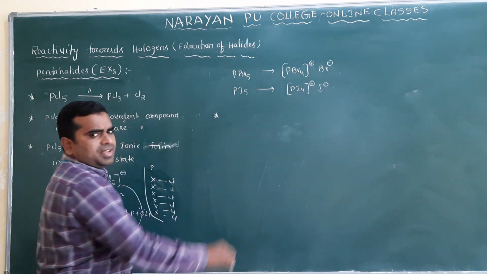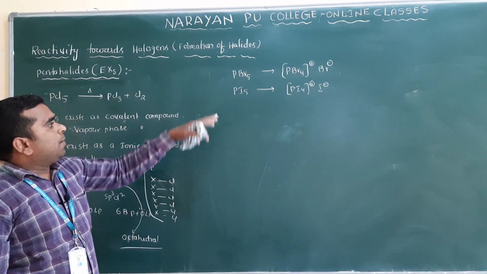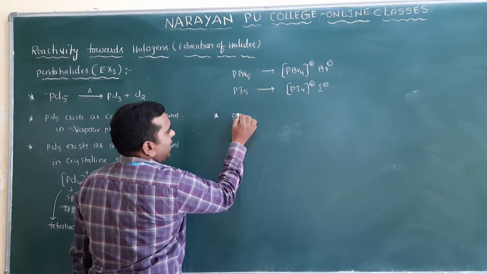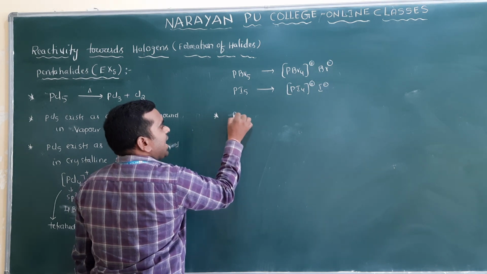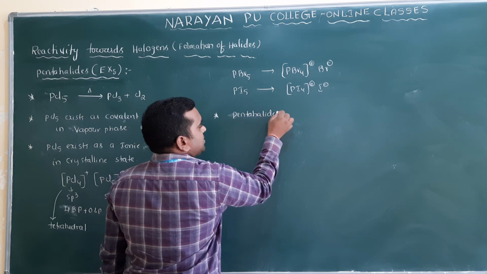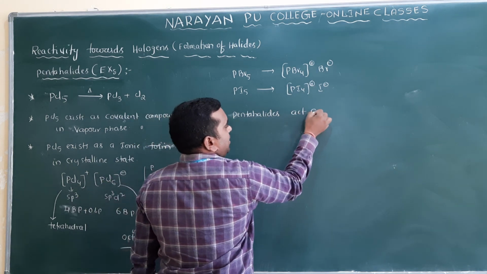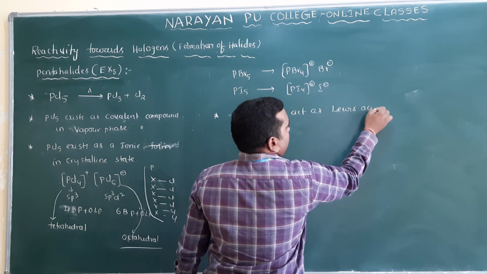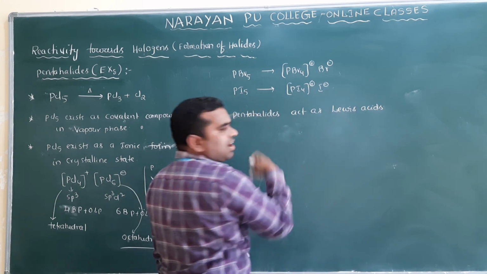And the last point: pentahalides of 15th group elements act as Lewis acids. Why? Because they have empty d orbitals.